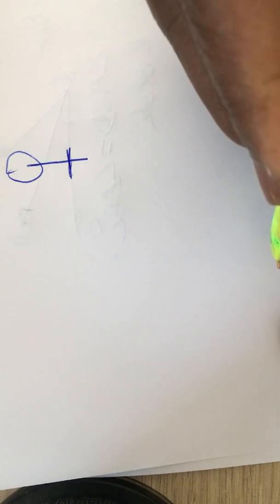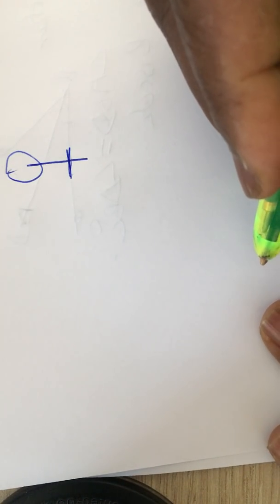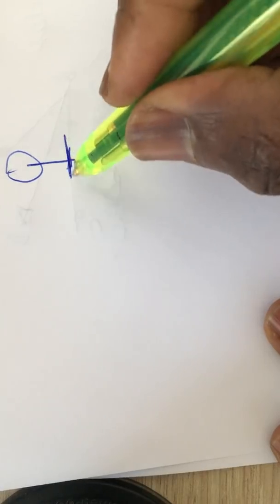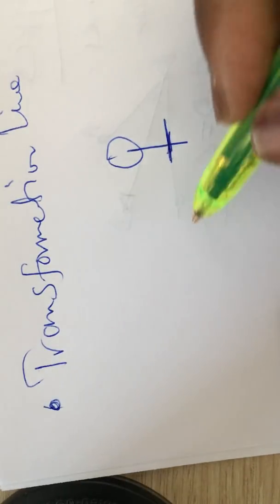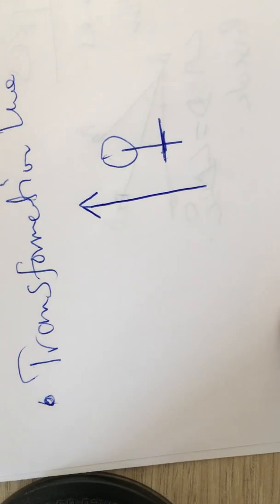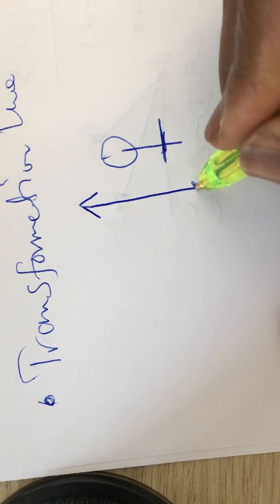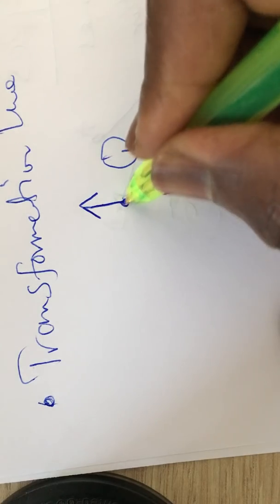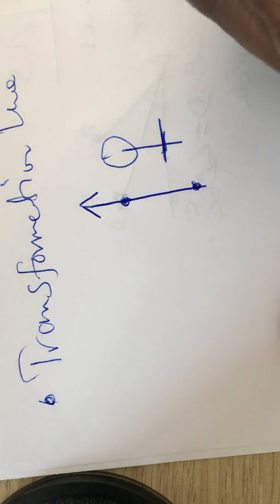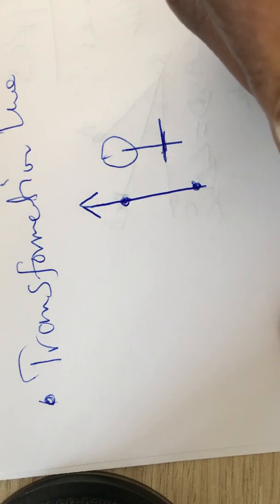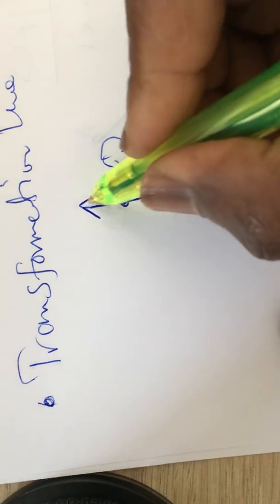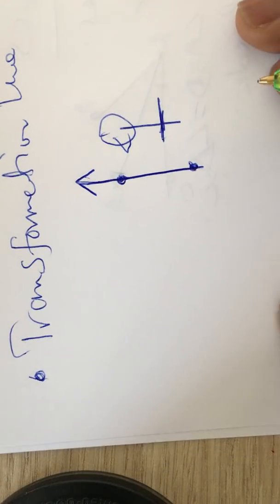Now, if you want to transform it to a different location with a different orientation, you use this kind of line called a transformation line. You can draw it like this, and make it a ray, because it's going in one direction, not in both directions. It is a good idea to use a ray to represent this kind of transformation.